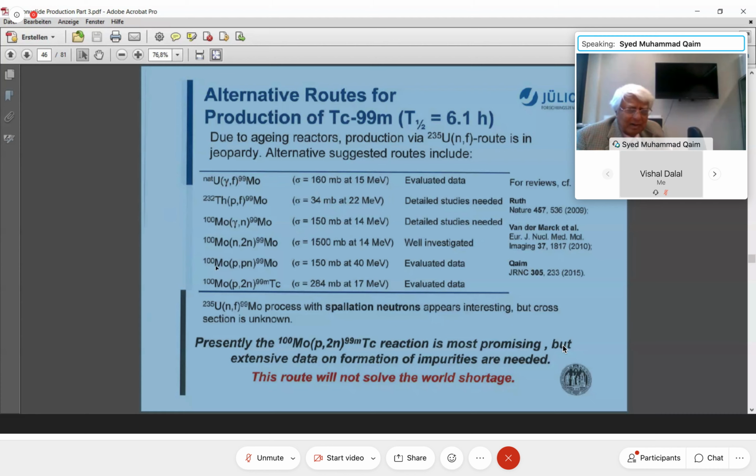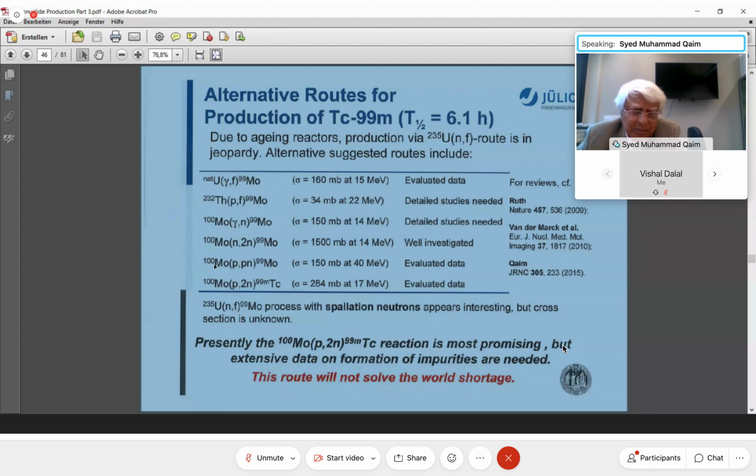Now, the charged particle reaction, molybdenum-100 PPN, gives us molybdenum-99. The cross section is again not so low, 150 millibarns, and here the data are available. But molybdenum remains molybdenum. If you have molybdenum-100 N2N, it's molybdenum-99. Molybdenum-100 PPN, molybdenum-99.